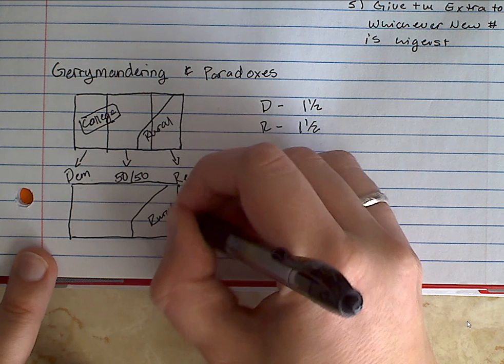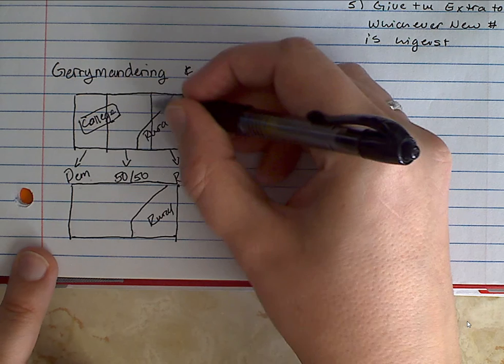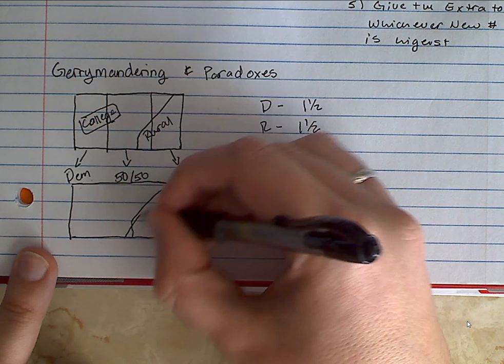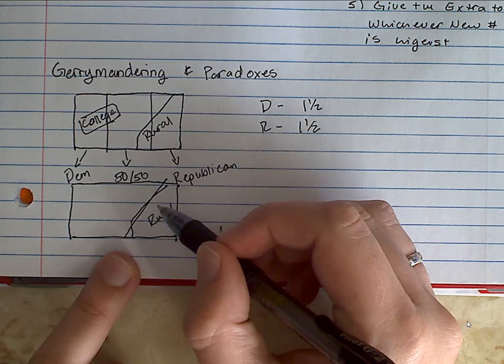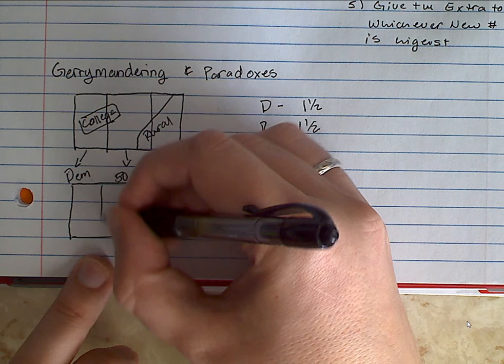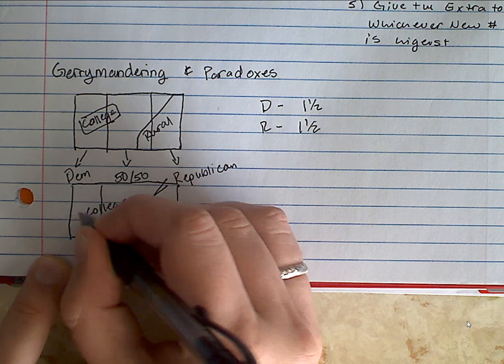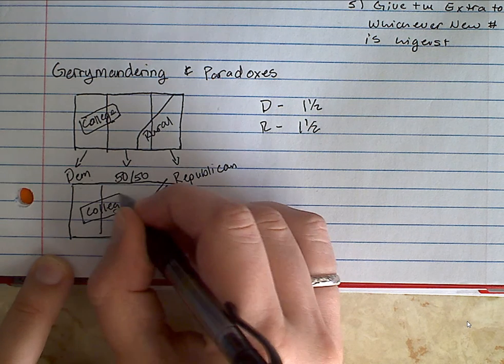If I drew the House district, or the congressional district, rather than having it be straight up and down, along that rural boundary line that already existed, and have this other district here, and then have the college split in between, then the power of the college is split between these two districts.